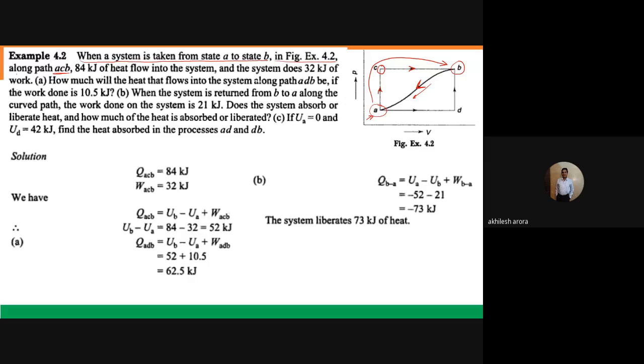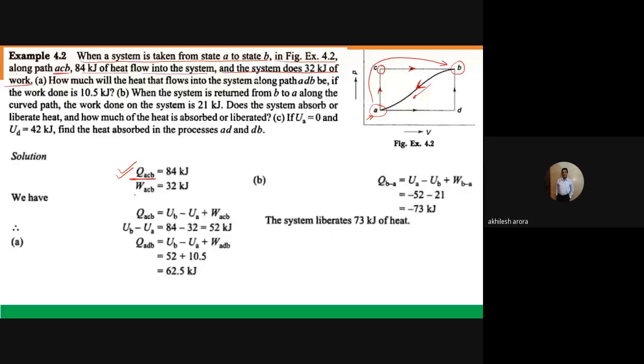It says along path ACB, 84 kilojoules of heat flows into the system. That means it is positive. We have written it here: Q_ACB means heat transfer into the system during the process ACB is 84 kilojoules, and the system does 32 kilojoules of work.